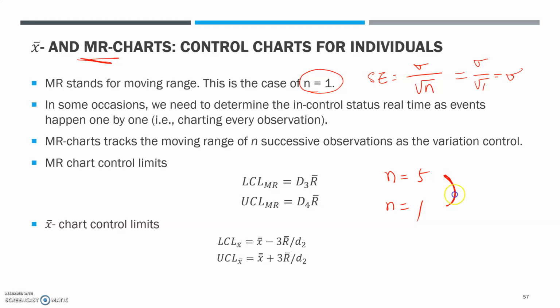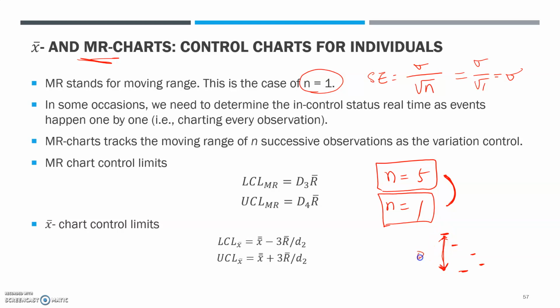The challenge of reporting it as it happens is that we don't have a good estimator for the process variation. When the sample size is 5, you have one observation here, another here, another here, and we measure the range, the highest minus the lowest, as the approximation for the process variation.